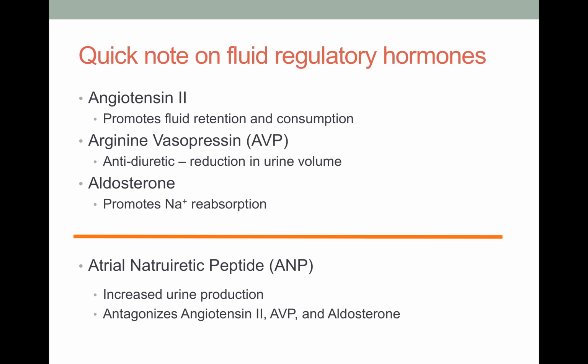If there's a lot of blood volume, it will stimulate stretch receptors in the atrium, and those stretch receptors will then signal the release of atrial natriuretic peptide. So ANP will increase urine production, and it will antagonize or sort of prevent the functions of the hormones listed above that are primarily responsible for fluid retention. So it's going to do the exact opposite of what the hormones above are doing.